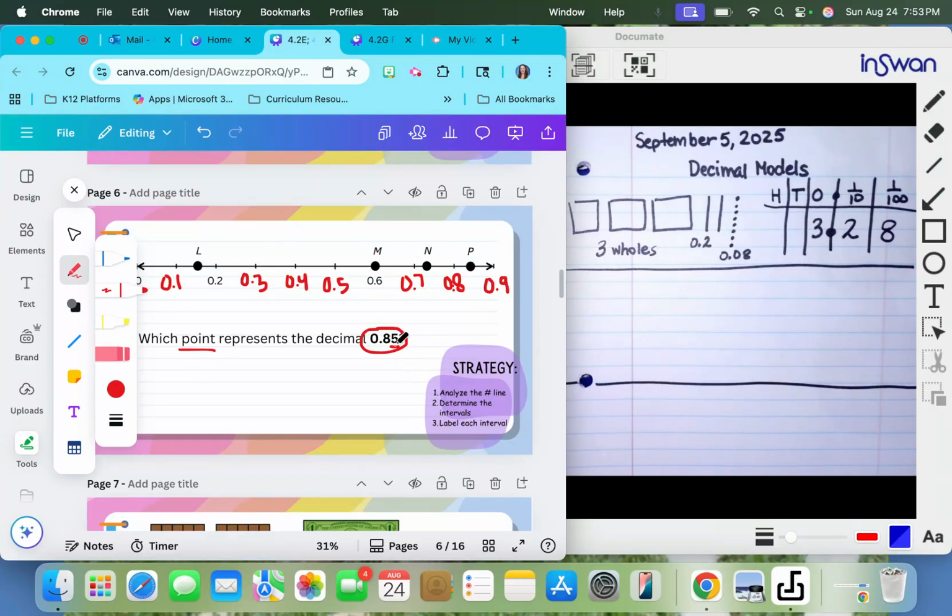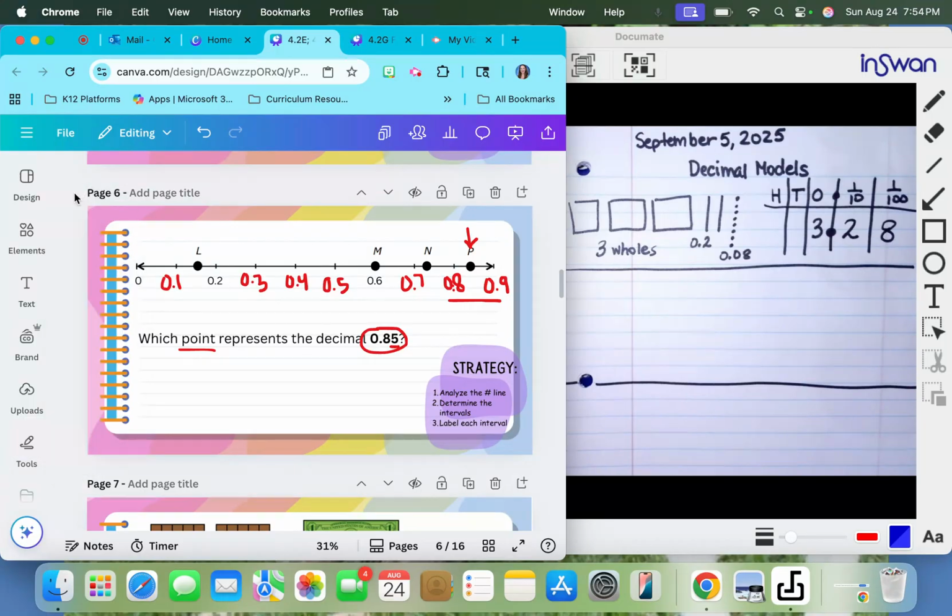So 5 would be halfway to a new tenth, and what would the new tenth be? The new tenth would be 9. So do we see a point that is halfway between 8 tenths and the new tenth, which would be 9 tenths? I see 8 tenths is over here, and so is 9 tenths, and I do see a point that is right halfway in between 8 tenths and 9 tenths. So P represents 85 hundredths.